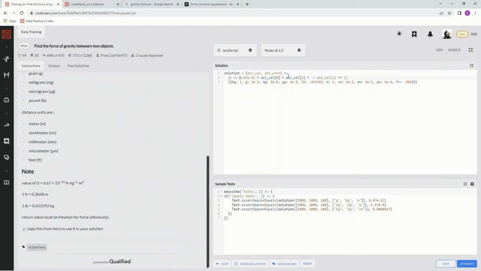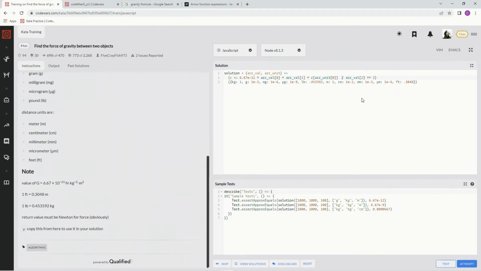And over here we're going to multiply c, and inside some brackets we're going to put r unit, and then inside some more brackets we're going to say 0. That's going to put g in there, and then it's going to switch it up, like if it's g, it's going to come down here and put 1e negative 3. So then it's r val times 1e negative 3, and that's the actual unit we're looking for.